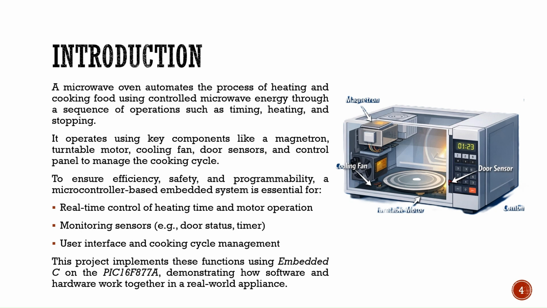To ensure efficiency, safety, and programmability, a microcontroller-based embedded system is essential for real-time control of heating time and motor operation, monitoring sensors, for example door status and timer, user interface, and cooking cycle management.